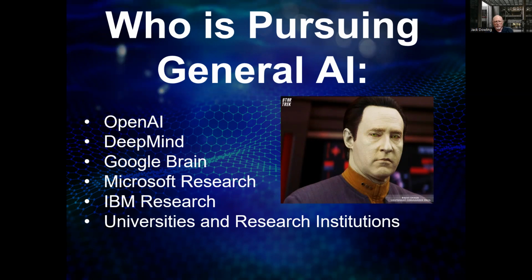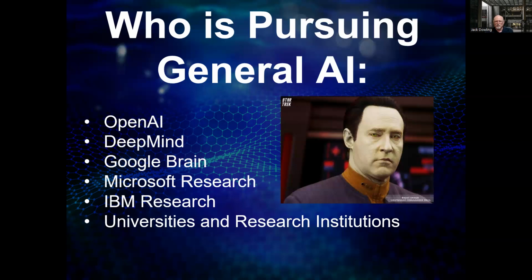Microsoft conducts extensive research in AI and machine learning, and they're not really focused on AGI right now, but the things that they're doing are contributing to the advancements in AGI. IBM has been involved in cutting edge AI for a long time, and I think it really blew most of our minds when Watson came in and beat the two top Jeopardy contestants pretty soundly.